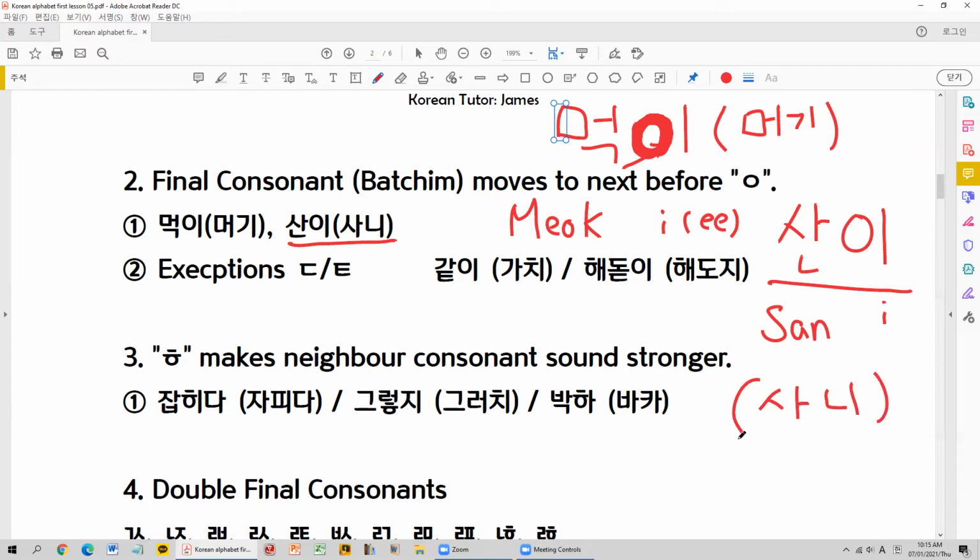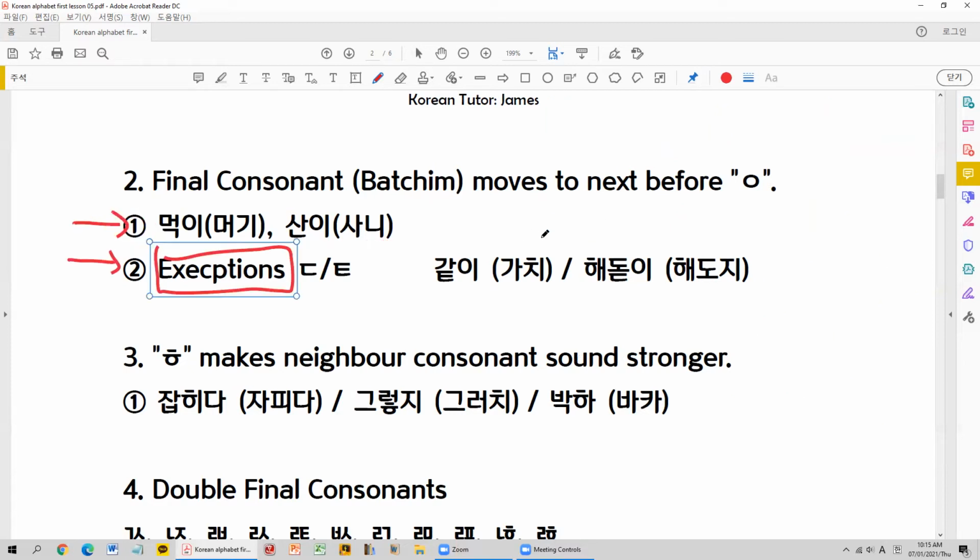So you have to read it like this: sani, sani. This is a very important rule. So please remember this. If you read like this, 먹이, sani, your pronunciation is more fluent.